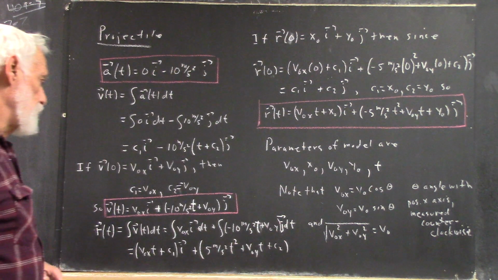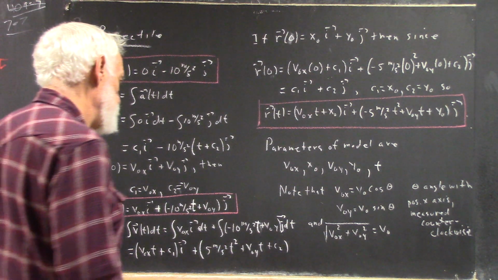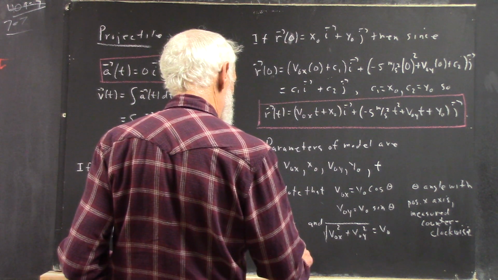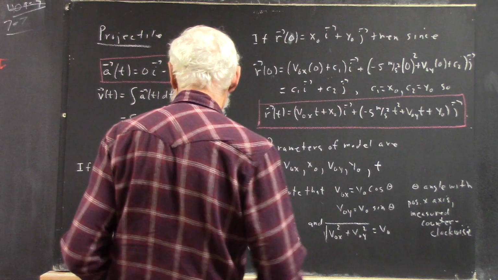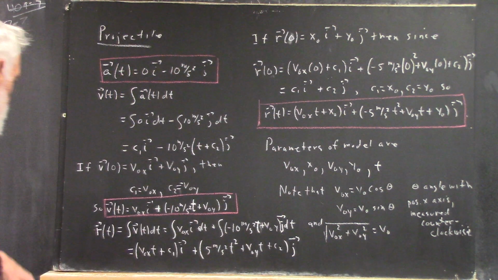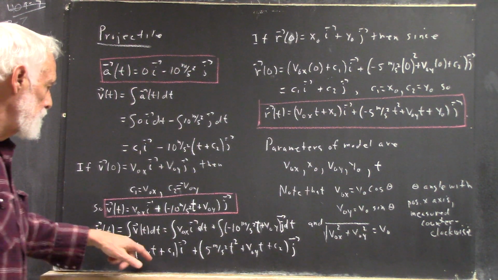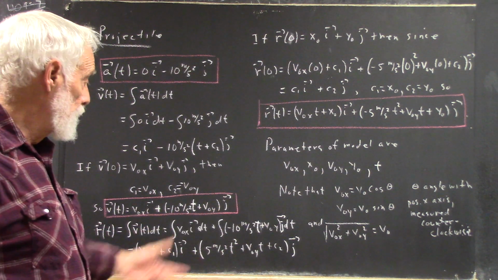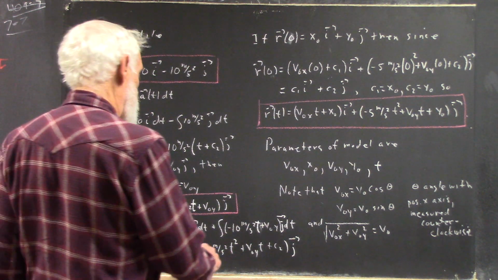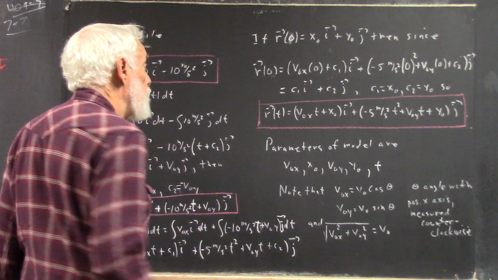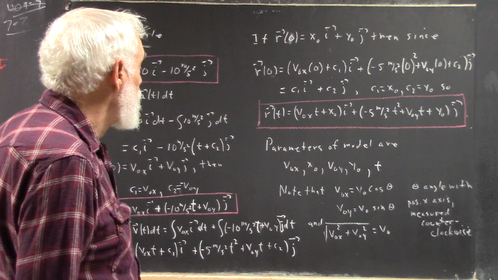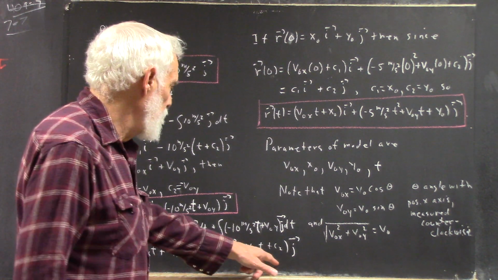Kind of a bad looking J, but it's in there. And I don't think I put the J down here either. But the end result. Okay, so we do the integration. The integration is totally straightforward. There should have been a negative sign in front of the 5 meters per second squared. Okay, so we have it.